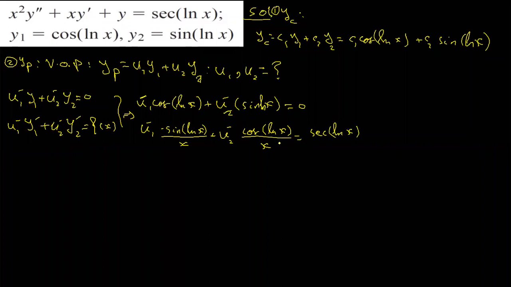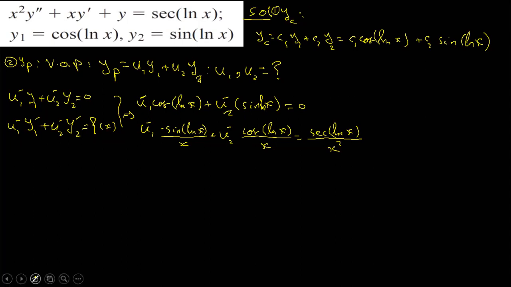Other students, what do you think? Is it right? Sec ln x over x squared, all divided by x squared, because we agreed to use the variation of parameters method. You need the coefficient of y double prime to be 1. So let me write in blue.